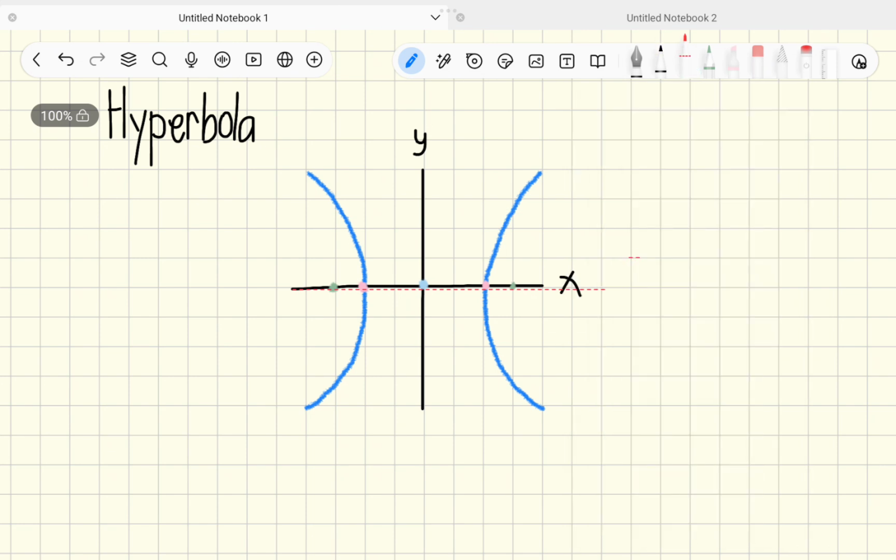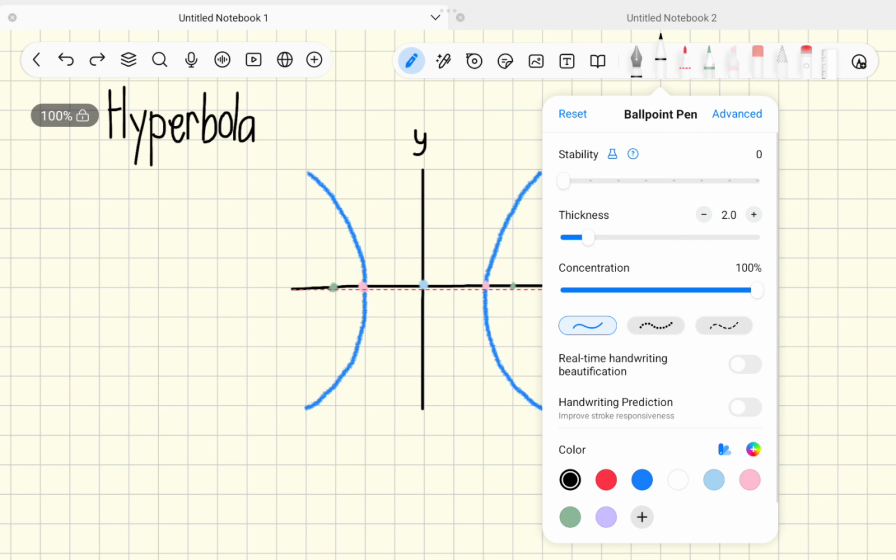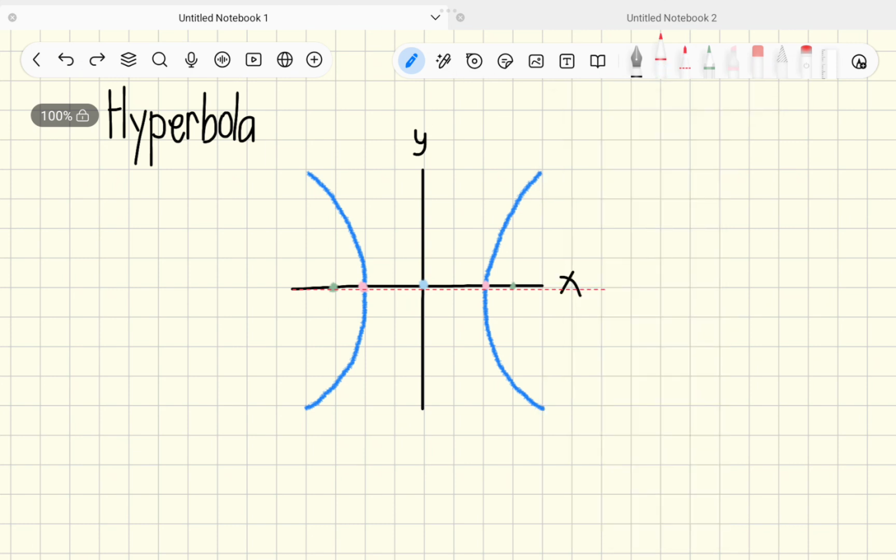We call this your transverse axis because it passes through your center and your vertices. Let me rewrite this. The one in red dotted lines is your transverse axis.